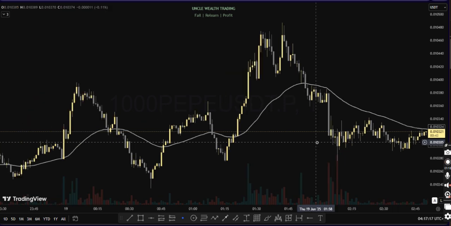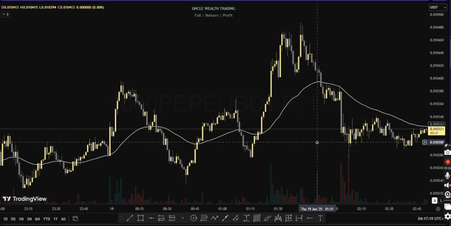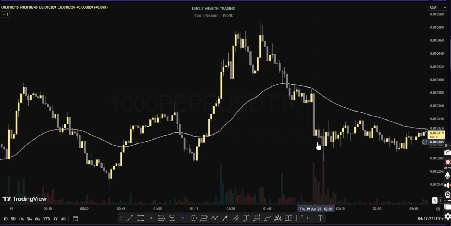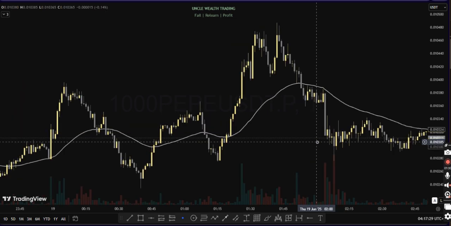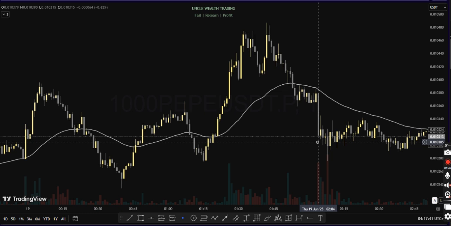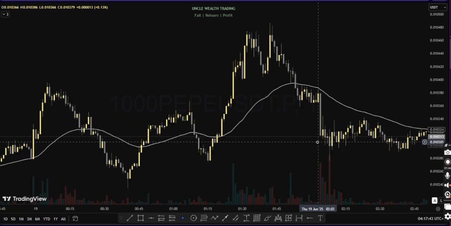Now, this works on any time frame, whether it's the 1 hour, the daily, the weekly, or the 1 minute, as long as there are up to 50 bars on that chart, you're going to see that the 50 EMA will appear once you set it up as an indicator.